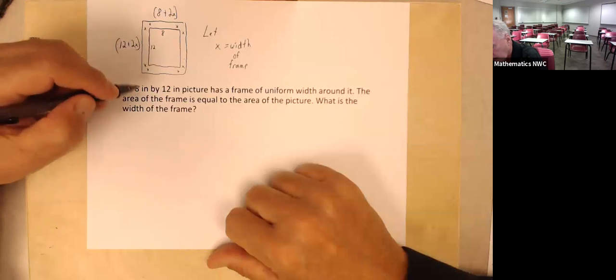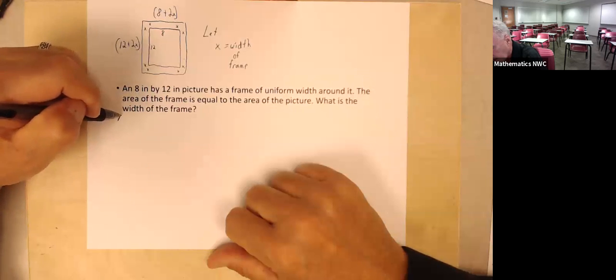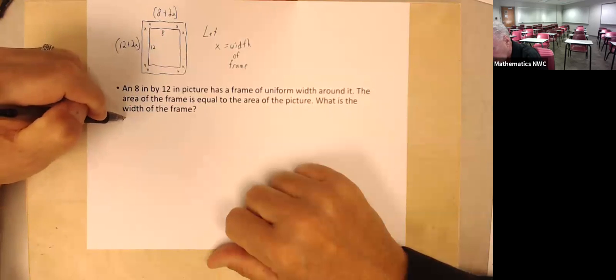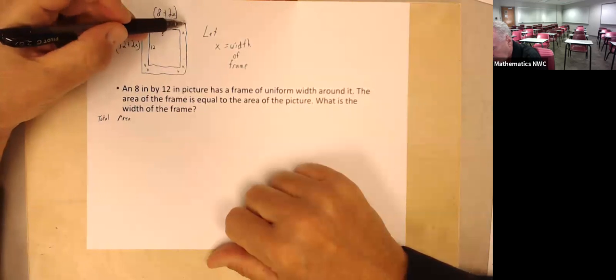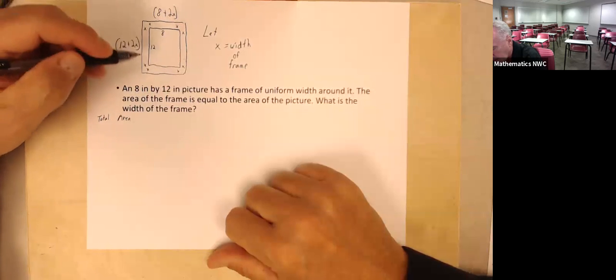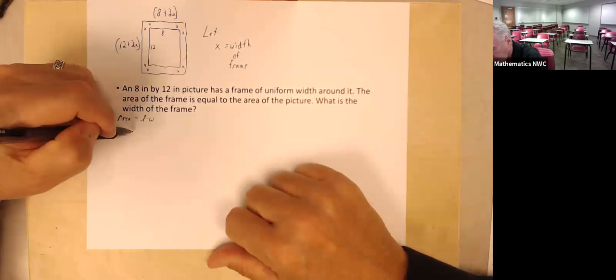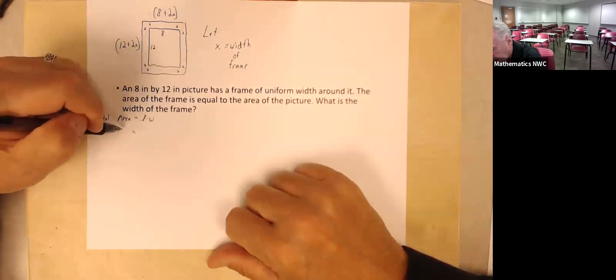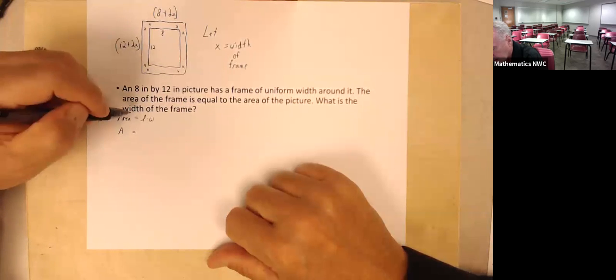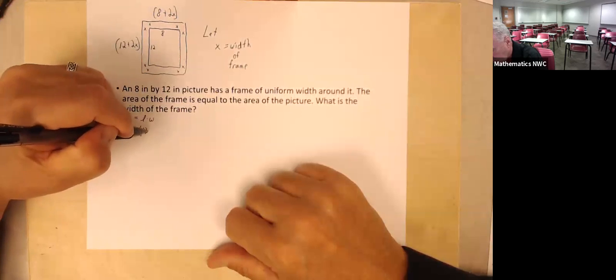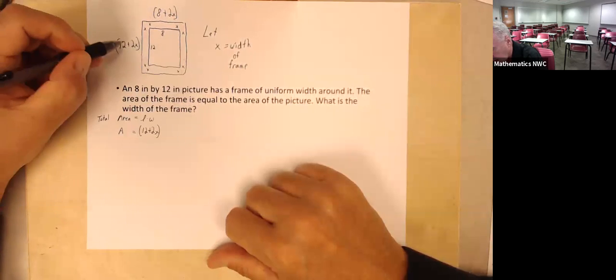Okay. Well, the total area of the frame, total area, that would mean if the whole thing were one big rectangle, it's going to be length times width. Call that total area A. My length is 12 plus 2X right here.